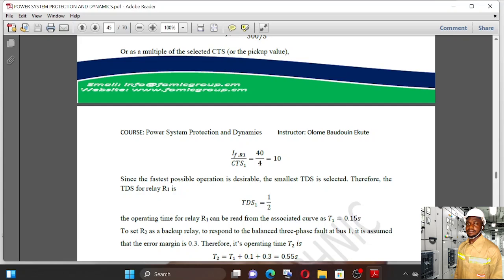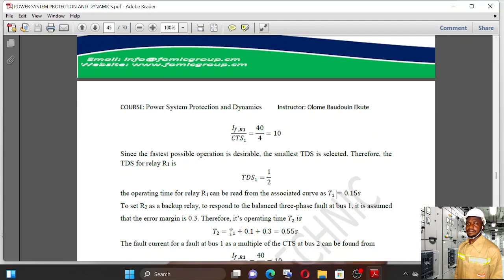If we need to know that of circuit breaker 2, it is supposed to be the time of circuit breaker 1, which is this 0.15 that we have determined, plus the coordination time and the error margin. It was specified for circuit breaker 2.